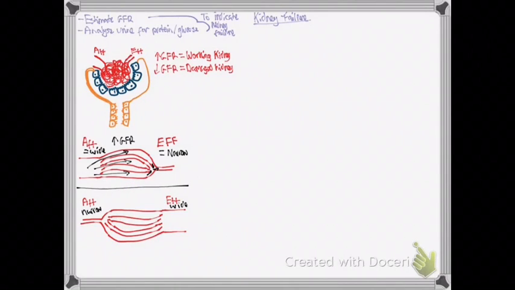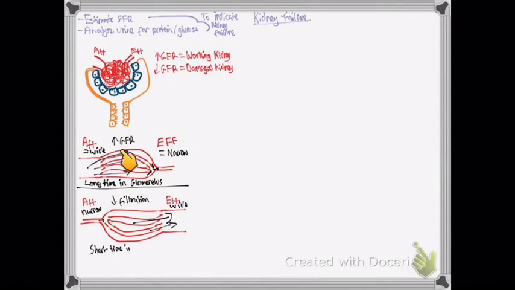Therefore we see lower rates of diffusion, so a lower glomerular filtration rate. Okay, and that is representing what I just spoke about there. Low filtration, low glomerular filtration rate. Here, wide afferent, narrow efferent, we have a high glomerular filtration rate, and that is how it is in humans.